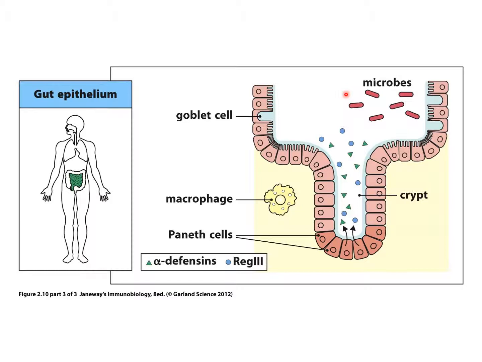We want to keep these numbers in check. If they overgrow, it could cause problems for you later. So these Paneth cells they're showing here at the base of the crypt produce the defensin proteins, which will then flood into the small intestine. Keeps these numbers in check. You want some, just not all.